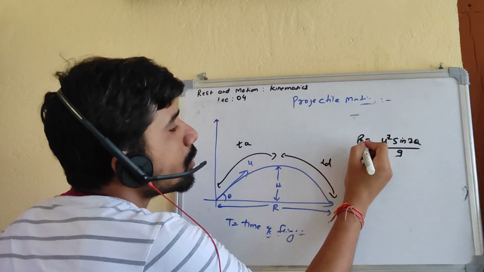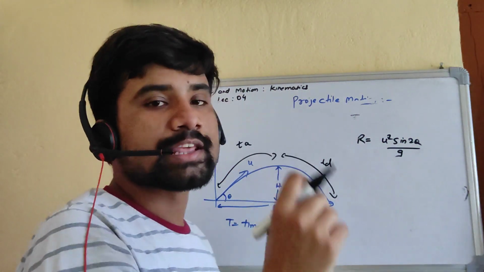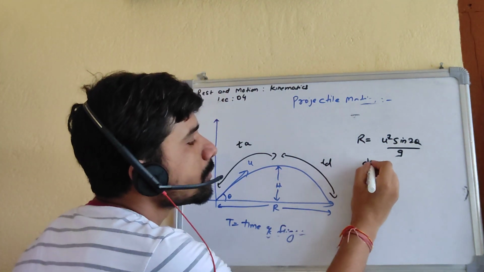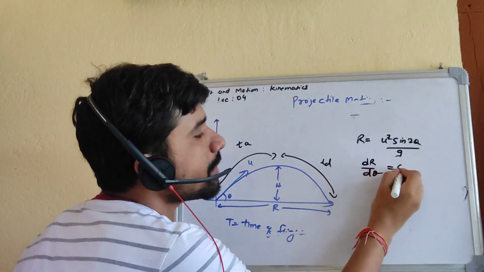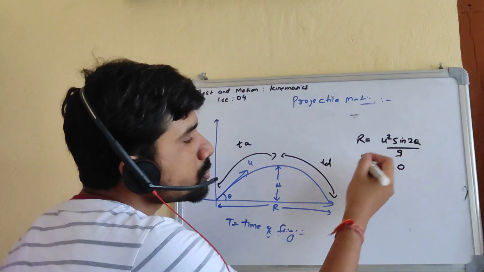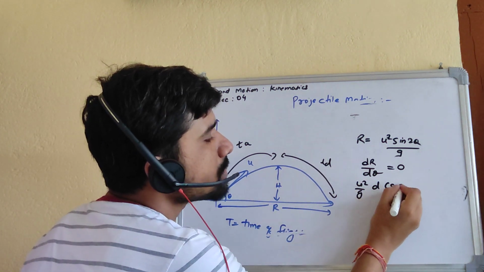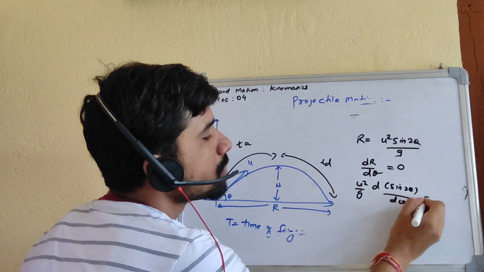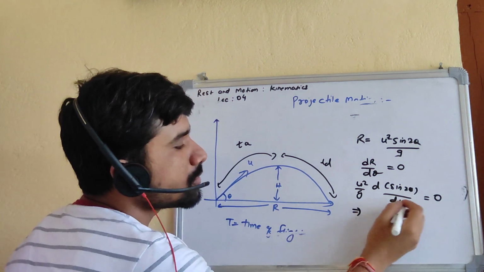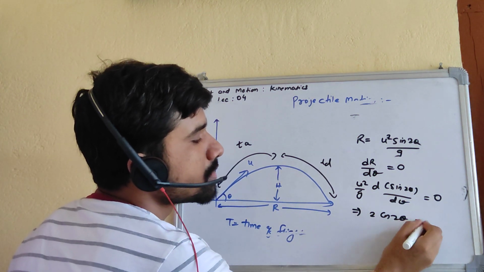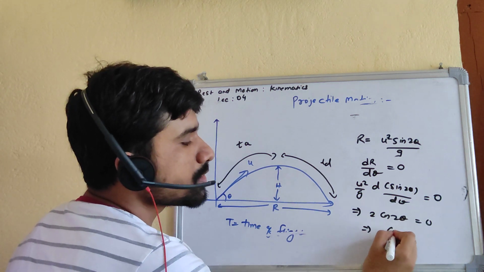To find the maximum of any function, we need to differentiate with respect to theta, because theta is the variable for us. Now u square by g is constant, so u square by g times d(sine 2 theta)/d theta is 0. The differentiation of sine 2 theta is cos 2 theta, so cos 2 theta is 0.